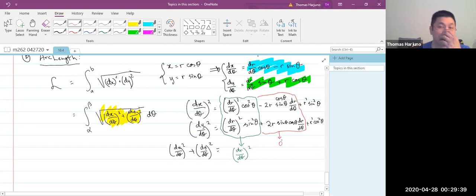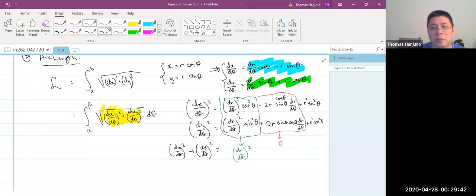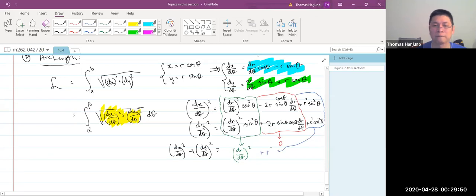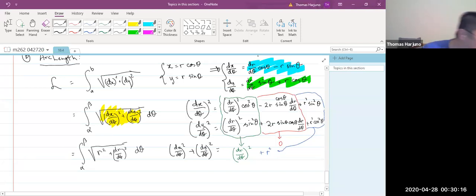And the last terms, when we add them, will be plus r squared. So if I continue from this formula, there will be the integral from theta equals alpha to theta equals beta of the square root of r squared plus (dr d theta) squared, d theta. That will be the formula.